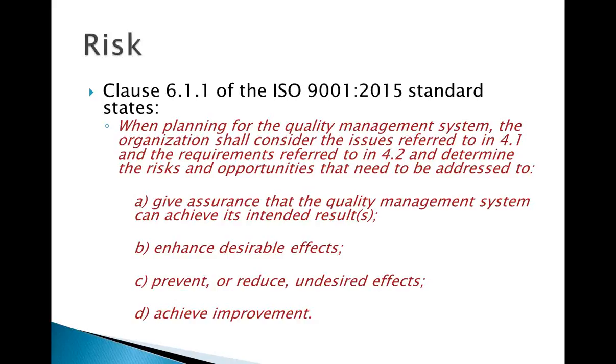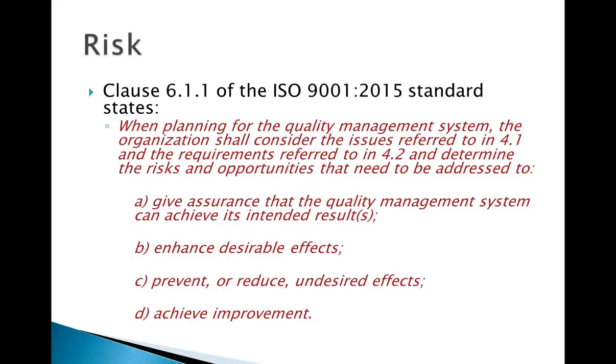Now, that's referring, again, to interested parties, and the idea is that this is going to be both within and outside of the organization. So issues and requirements, and then determine risks and opportunities that need to be addressed.